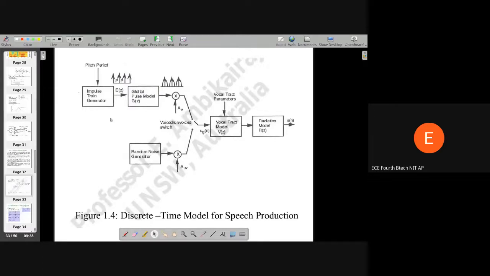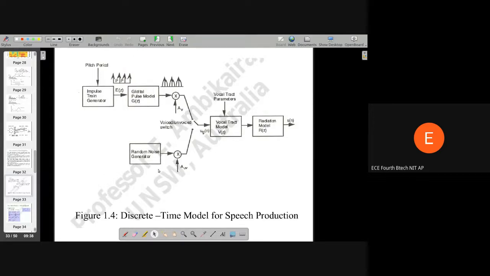So basically, when the vocal folds vibrate, a puff of air is released into the vocal tract system. That is modeled by a window, a glottal pulse model, which is an asymmetric window. And then we have a gain term. We multiply it. It's a constant factor. It might be related a little bit to how loud a particular sound is, and so on and so forth.